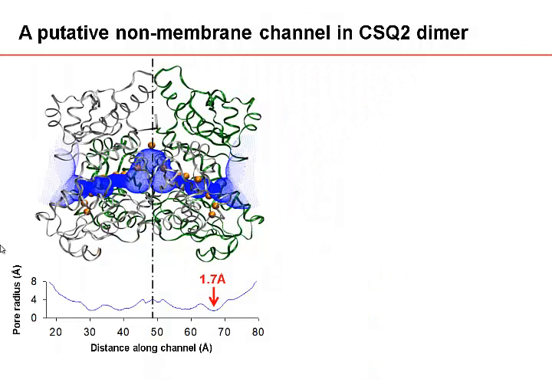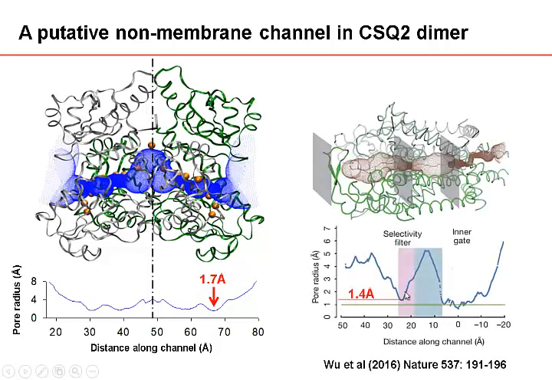To explore this intriguing possibility, we analyzed the geometry of the putative channel using the HOLE software, which is commonly used to map the geometry of ion channels. The analysis showed that the channel has two symmetrical arms with a minimum radius of 1.7 angstrom.